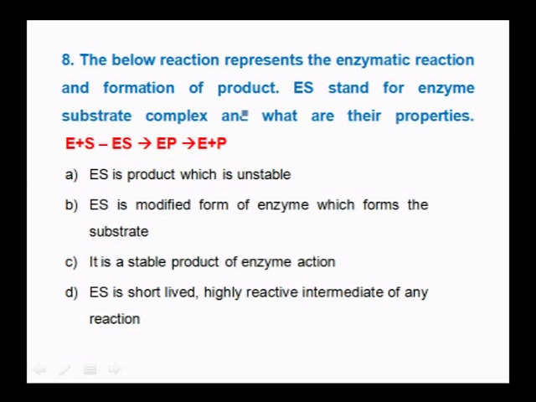So it is never a stable product, it is a temporary highly reactive stage. So the option that goes well with this question is ES is short-lived, that is having a unstable condition. It is highly reactive, intermediate, meaning to say not the final product. So it is the intermediate of any chemical reaction. So option for this question is D.